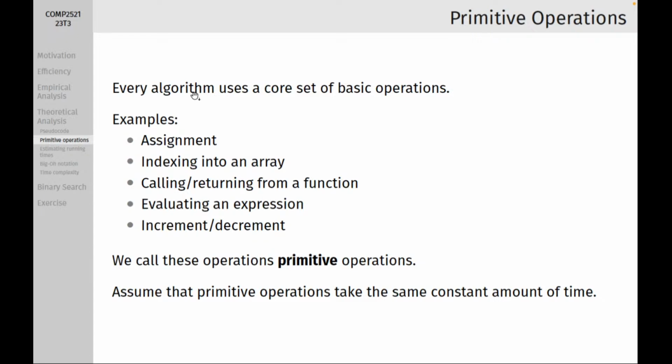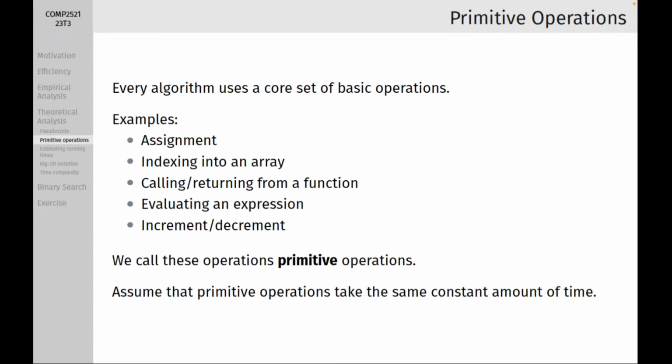Examples of these are assignments, which is assigning to a variable, indexing into an array, calling and returning from a function, and evaluating an expression. There are lots of different expressions, but examples would be addition and subtraction. There are Boolean expressions like and, or. There are comparative expressions like less than, greater than, and equal to. And then increment and decrement are some other examples.